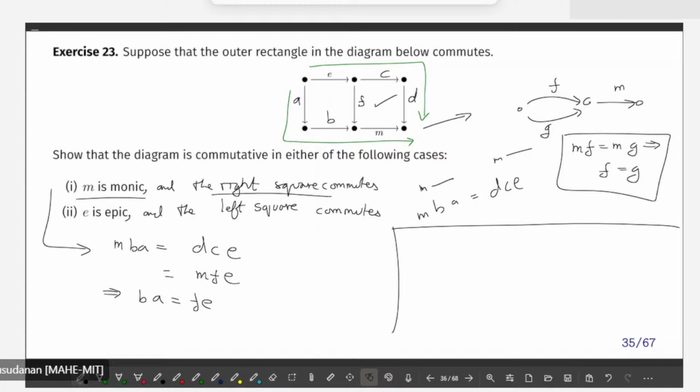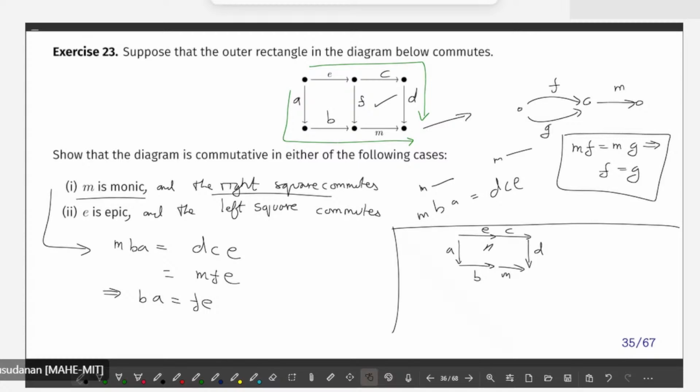I'll start over here. If you want to listen here, it is given that the outer square commutes. So this outer rectangle commutes. That is, these are equal. That is given to me. That means DCE composition is equal to MBA composition.